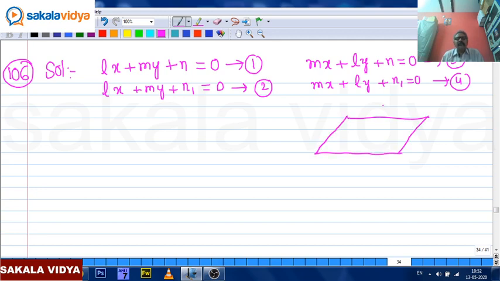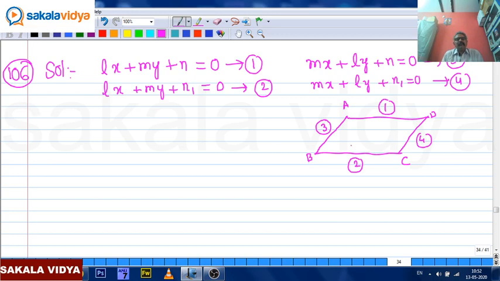Okay, say this is equation 1. It is clear that equation 1 is parallel to equation 2 because x, y coefficients are same. That is why these two are parallel. 1 and 2 are parallel, 3 and 4 are parallel. Say A, C, B, D. Now what we need to do is find the distance between 1 and 2, and the distance between 3 and 4.